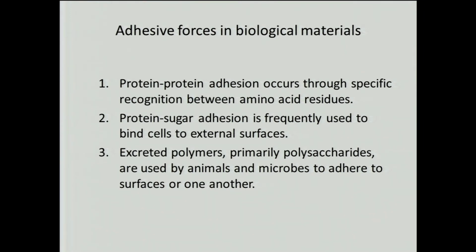That is why, if you eat a lot of sweets, you are increasing the chances of biofilm formation on your teeth, because the sugar molecules help the biofilms to form. Then there are excreted polymers, polysaccharides, which also come from our saliva and adhere surfaces to one another.